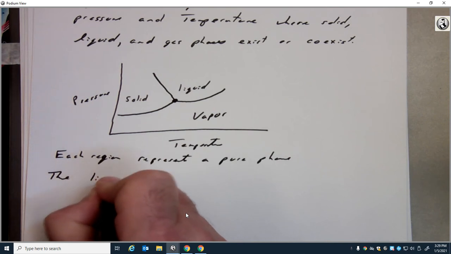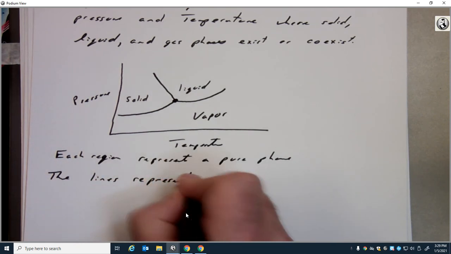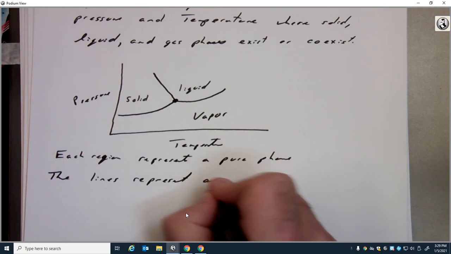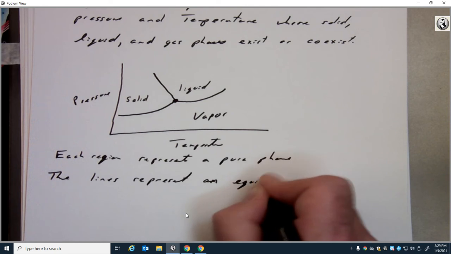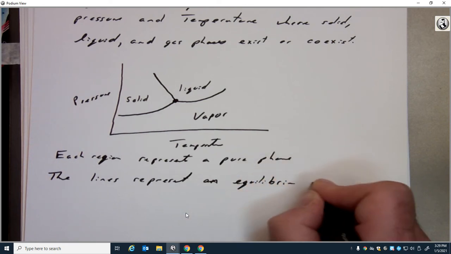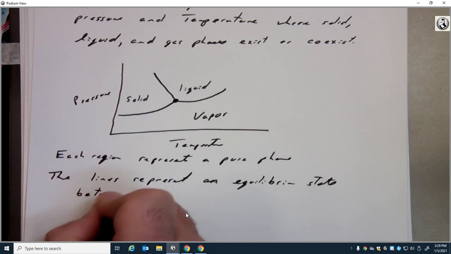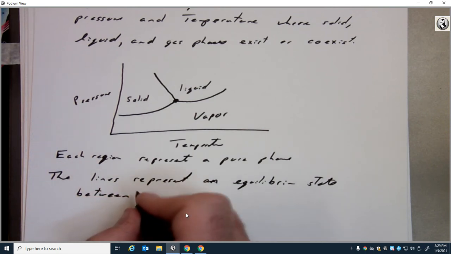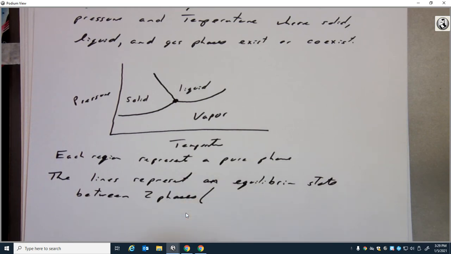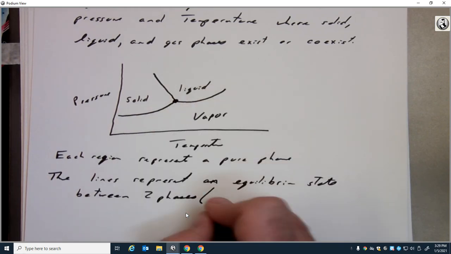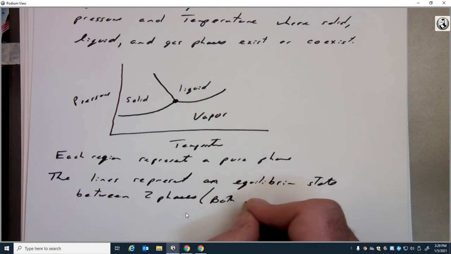The lines represent an equilibrium state between two phases. So both phases coexist.